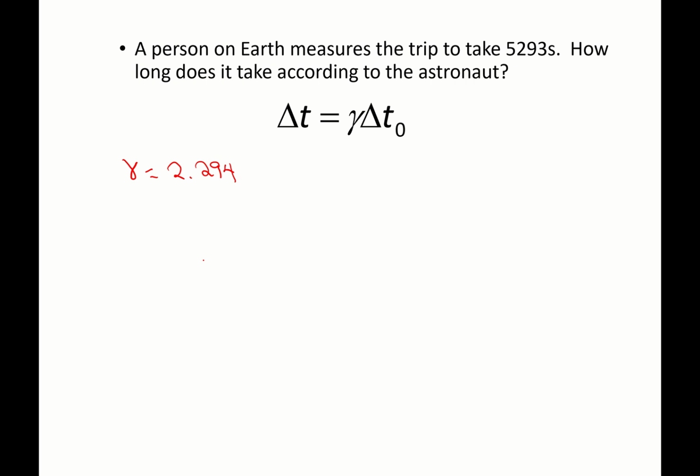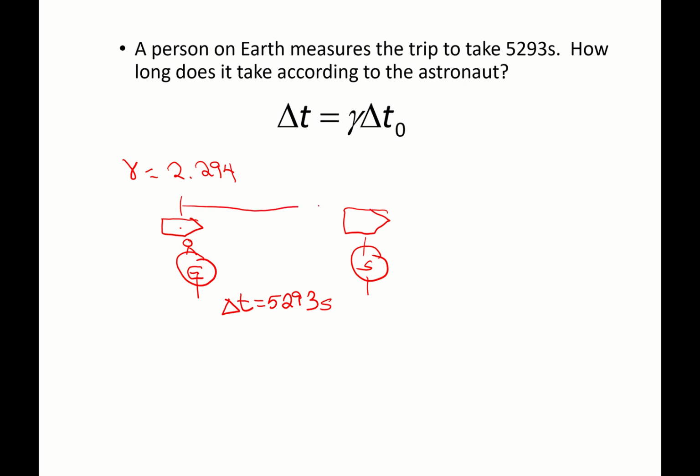So when the person is sitting on Earth, they turn on their stopwatch when the astronaut goes past them, and then they see the astronaut go past Saturn and they stop their stopwatch. So that time, they see the events occur at two different places, one at the Earth and one at Saturn. So that time is delta t, the person measuring from Earth. So delta t is 5293 seconds.